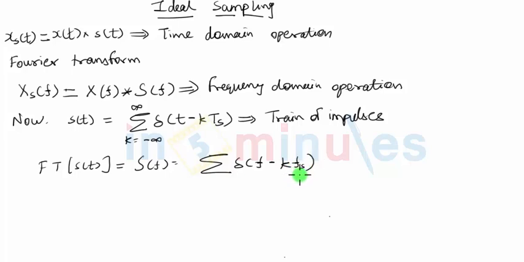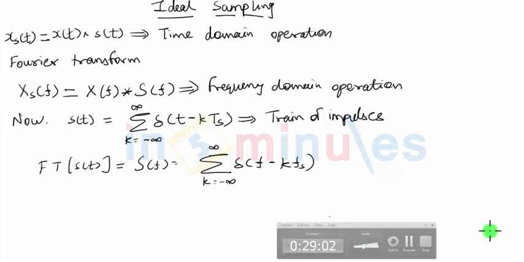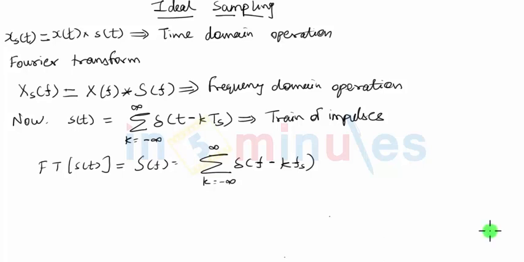So that's my train of impulses, where k will again vary from minus infinity to plus infinity. And when you take the Fourier transform, if you remember, we have a constant appearing outside, which is 1 by Ts. I can also replace 1 by Ts with fs.